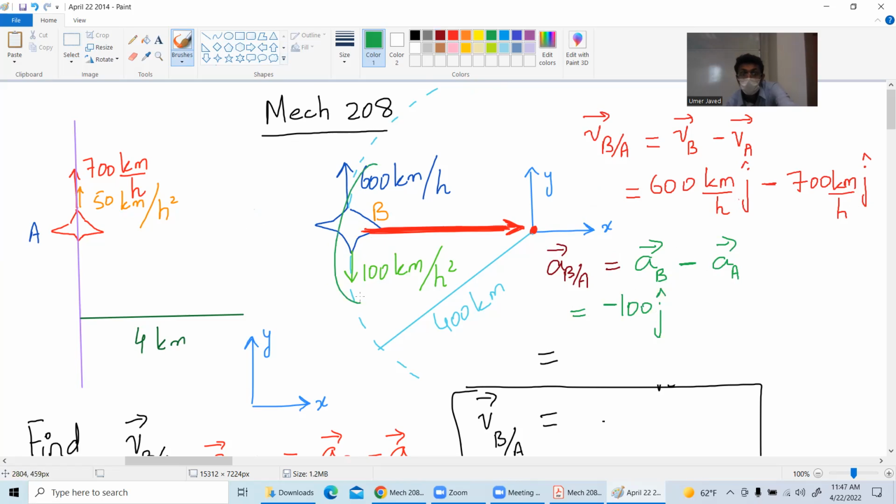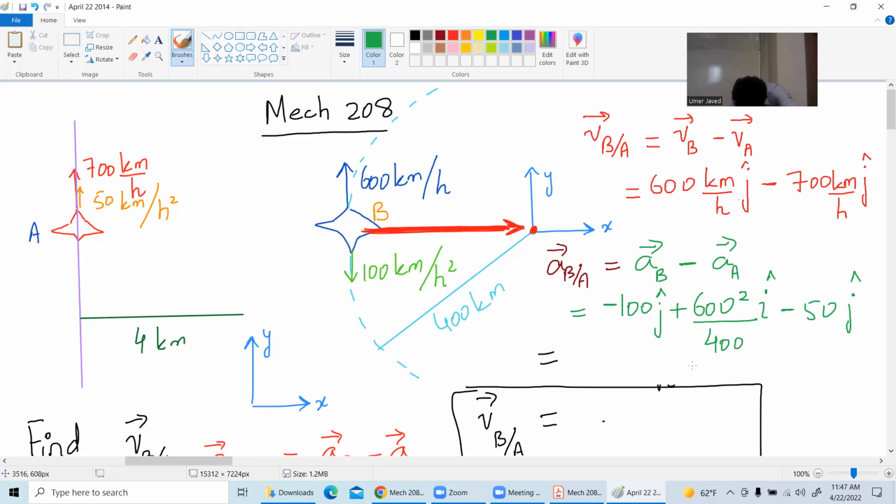But it is in a circular path, so there will be one component of it towards the center of curvature, that is towards the positive I. So 600 squared, that is V squared over rho, in the I direction. Minus AA is 50 kilometer per hour squared in this direction, so minus 50 J.